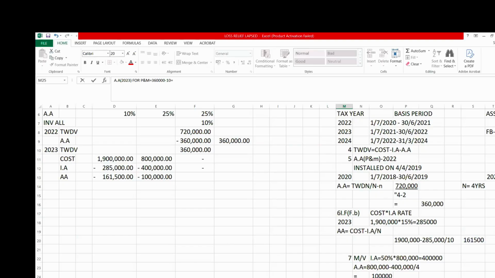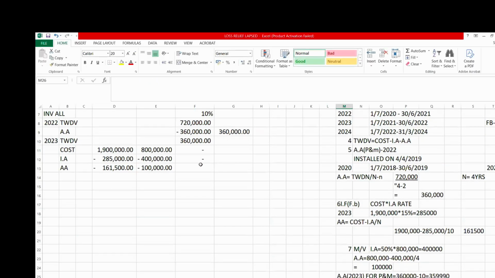That will give us 359,990. This value will now be brought here as 359,990, which is the annual allowance.